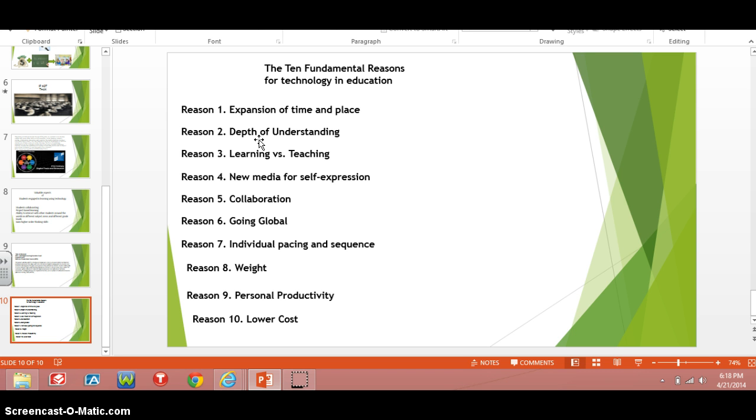Reason 5, collaboration. A vital skill in the new digital world is the ability to work collaboratively on projects with others who may not be physically close. You can use modern computer tools such as the web, email, instant messaging, and most students have cell phones.